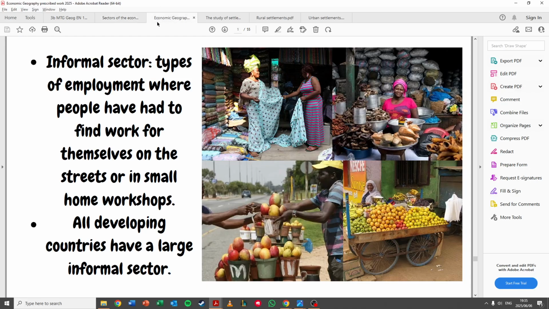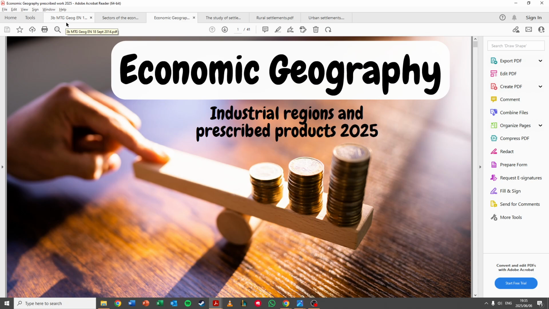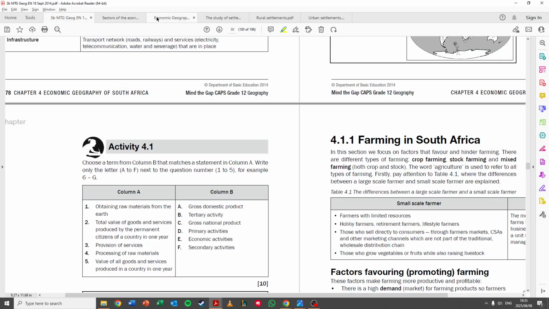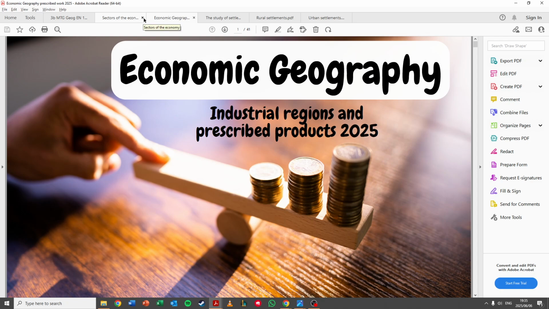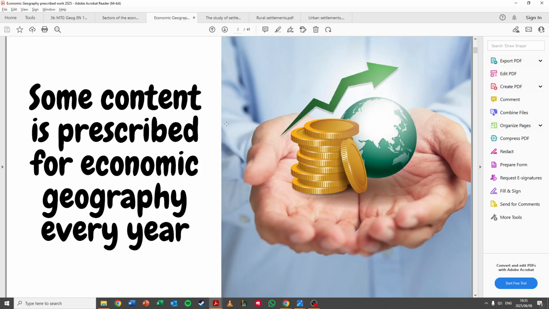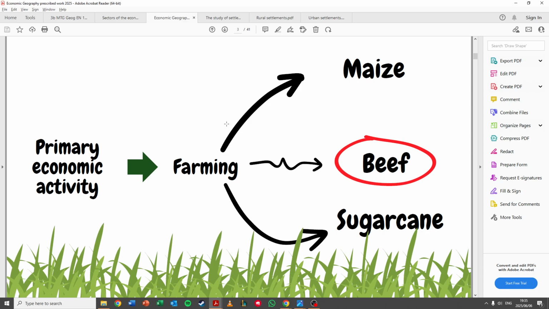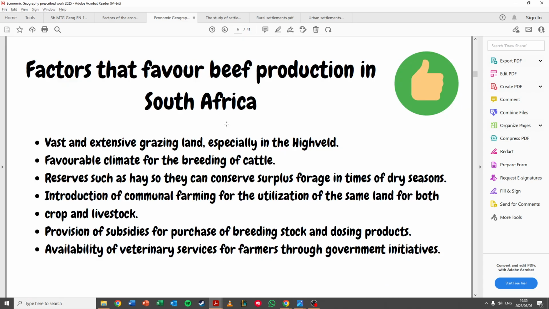Okay, then for the prescribed work, don't even look at Mind the Gap because you're going to confuse yourself because all of the work for all of the different items are in there. So for the prescribed work, please make use of this particular notes. Okay, once again, it is going to be parrot work. You're going to memorize it. For farming, we have beef this year.